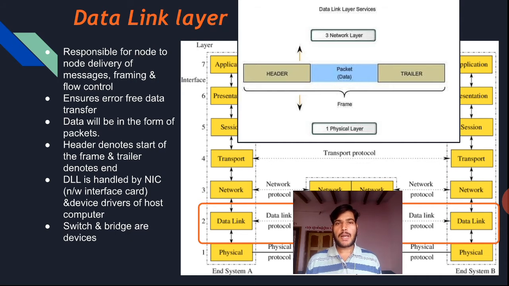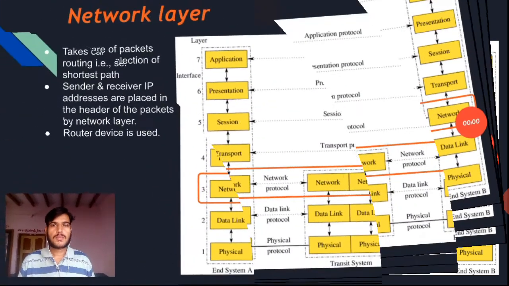Then obviously at the receiving side, there might be chances of losing the packets. So this should not happen. That's why the data link layer takes care of flow control so that it maintains constant bit rates at both sides. So these are the functionalities of the data link layer.